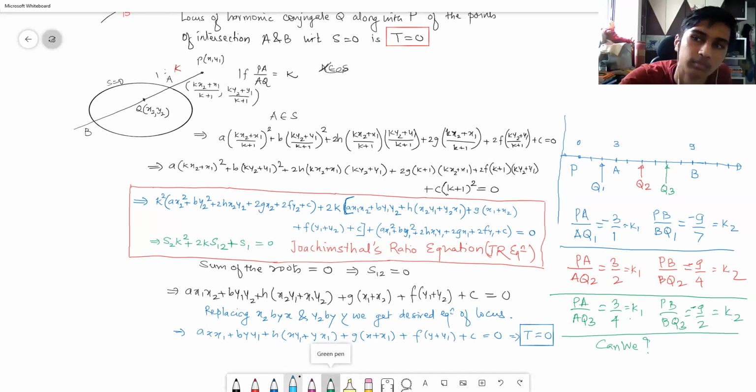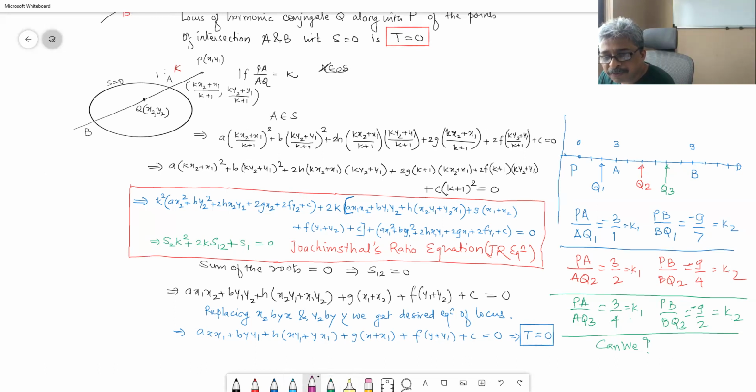Let us check. 4.5, so 9 by 2 is the position of Q4. Let us check. PA upon AQ4 is equal to PA is 3 and AQ4 is 3 by 2. Correct?